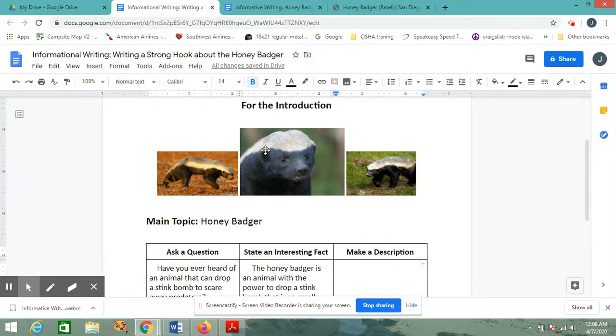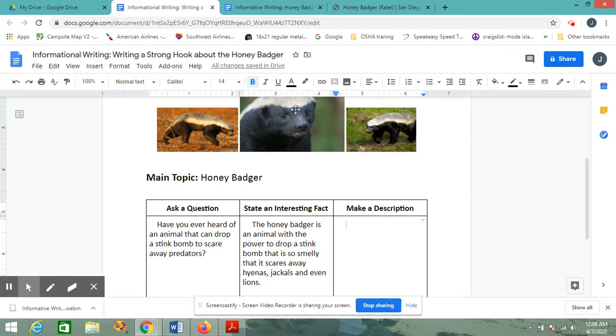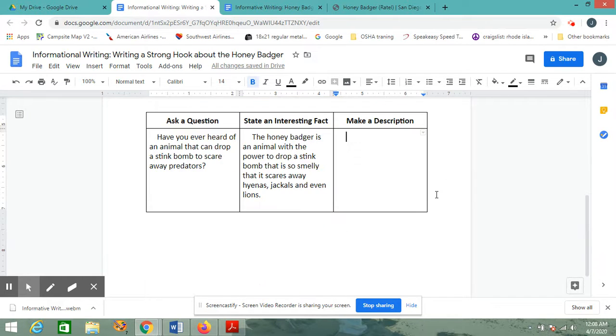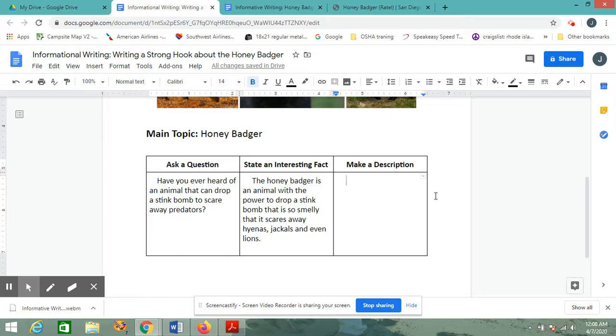A skunk sprays, and the honey badger actually drops a kind of stink bomb. But so how can I describe that to my reader? Let's try this. So the honey badger. I don't know why that was bold. My bad.